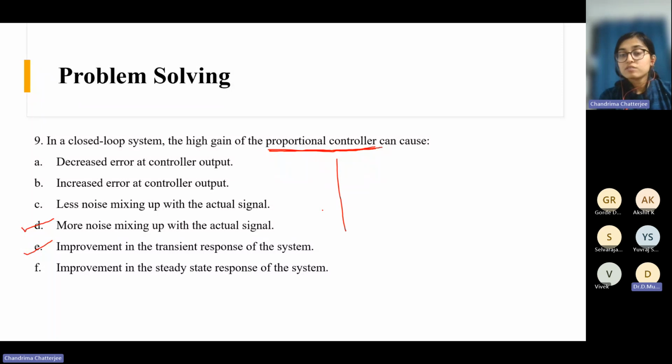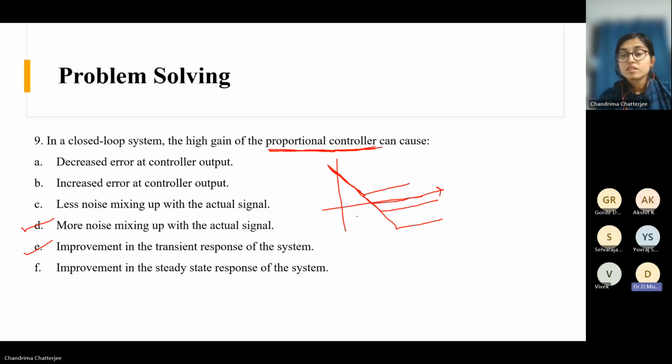So your attenuation will decrease. Suppose your Kp is high, then it could also be like this. So that will also increase. So options D and E are correct.